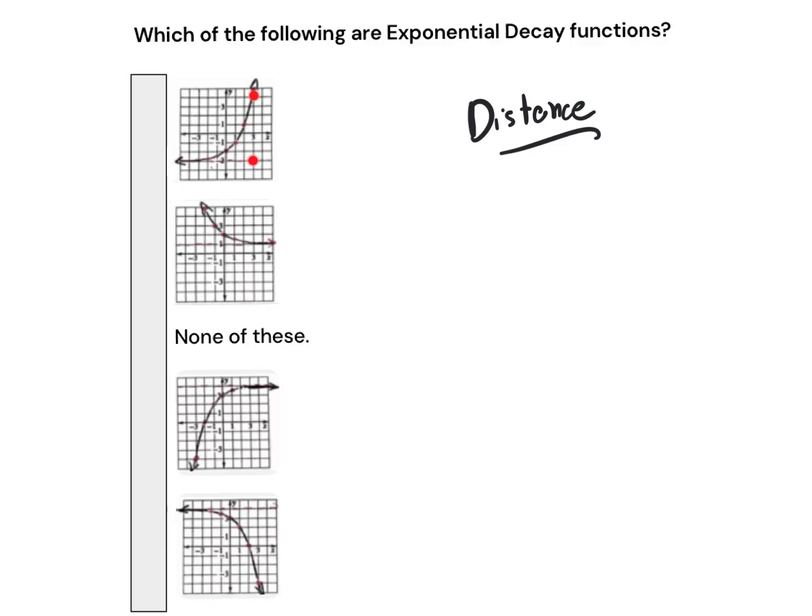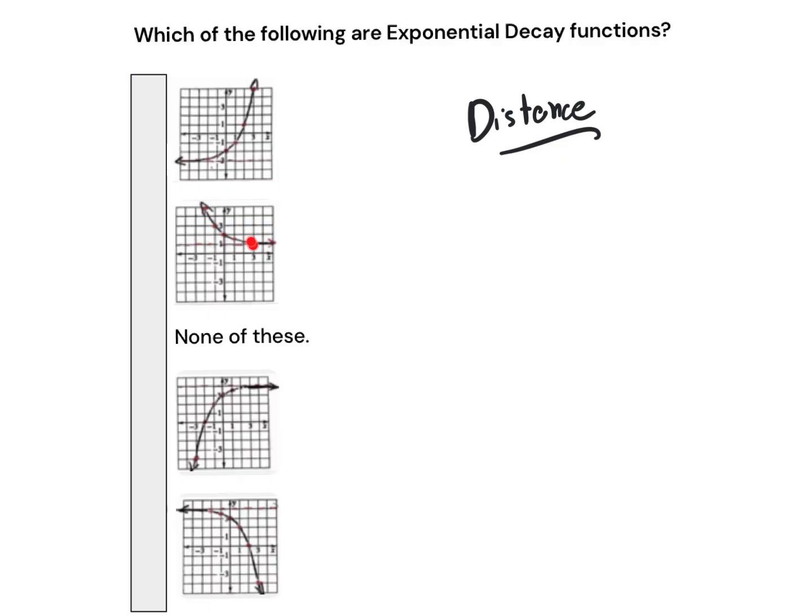So this is a growth function from left to right. Once again, it looks like it's touching the distance between those red dots, which is the graph and the asymptote. It's growing. So that's a growth function. They're asking for decay functions, not growth functions. So this one from left to right, there's the distance. It's pretty big. From left to right, the distance is decaying.